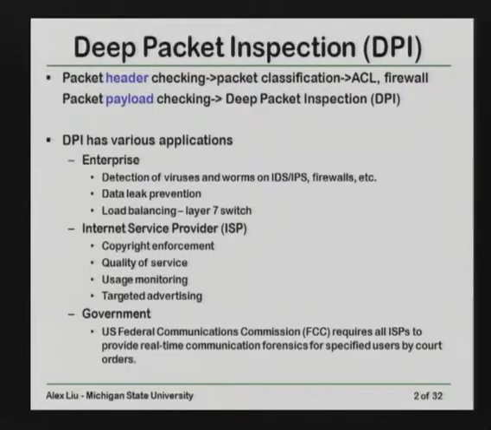For example, they may give higher priority to voice over IP traffic. They can also use DPI for usage monitoring, to see what kind of applications are running on the network, and for targeted advertising. For example, they can collect your web browsing behavior, figure out what kind of interests you have, and then send you targeted advertisements.